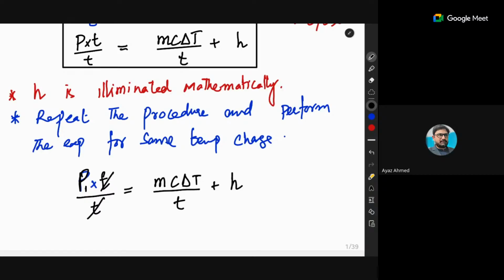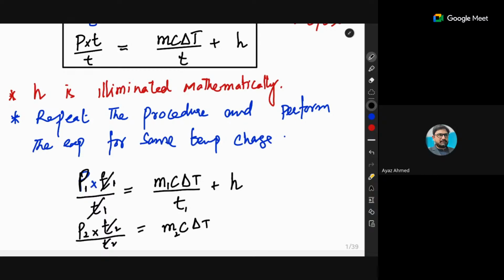This and this would definitely be cancelled out, right? This is the first reading you have taken. Then for the second reading you will say P2 T divided by T, whatever that is. If it is T1, it is T1, if it is T2, it is T2, it is cancelled out. This is your mc delta T. Mass can be changed.